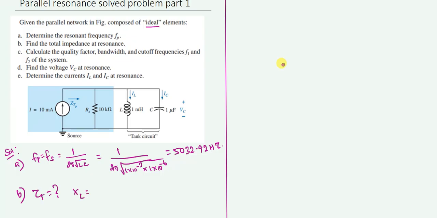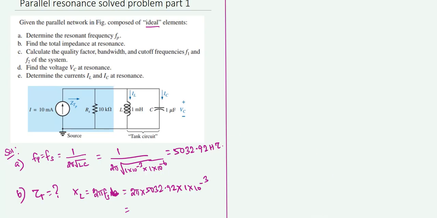XL which is equal to, it is nothing but 2 pi fs into L. Here fs which is equal to fp, so I take it as fs, 2 pi fs into L, not m, it is L. So therefore 2 pi into 5032.92 into the value of inductance is 1 millihenry, so 1 into 10 to the power of minus 3.